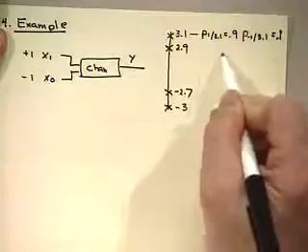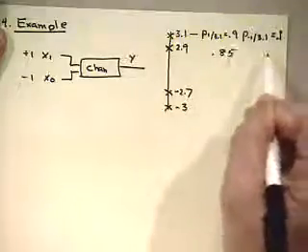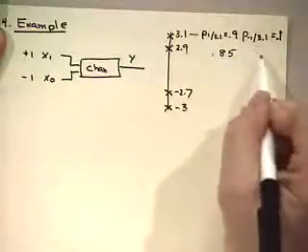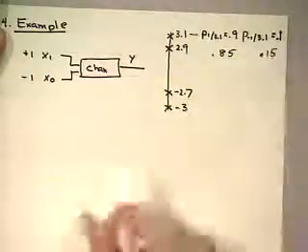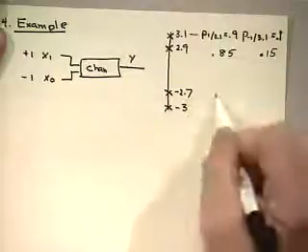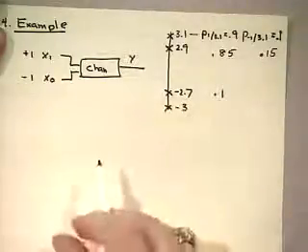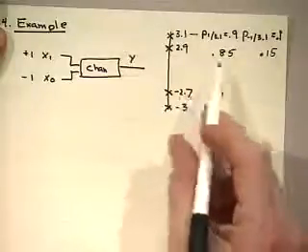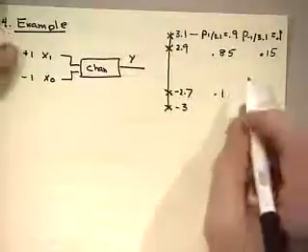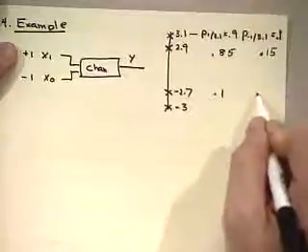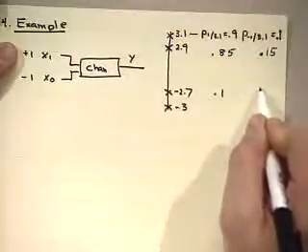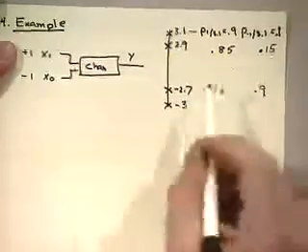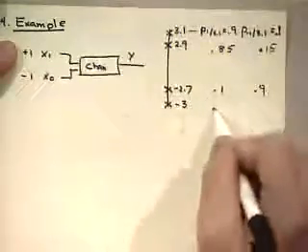Let's suppose, in this case I'm not going to write it all out, but probability of 1 given 2.9 is 0.85, which means the probability of minus 1 given a 2.9 output would be 0.15, because those 2 have to add to 1. And let's suppose down here, given that I've seen minus 2.7, the probability of getting a plus 1 is 0.1, and the probability of getting a minus 1 is 0.9.